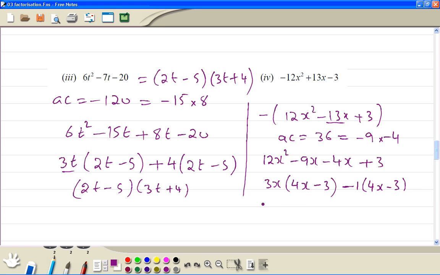Then we have 4x minus 3 times 3x minus 1. Then insert the minus sign in the front.